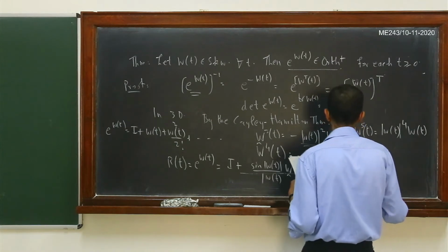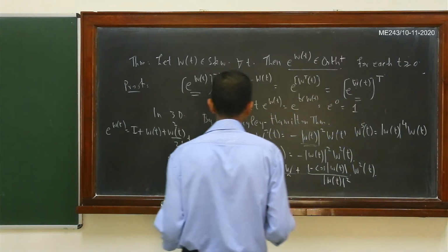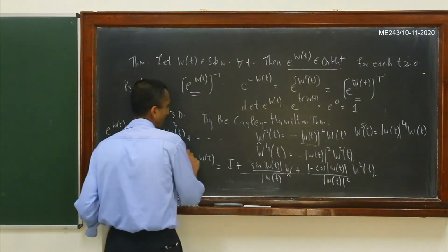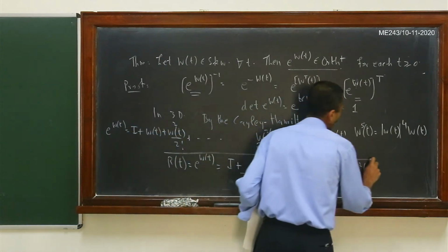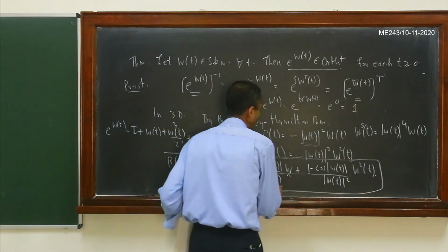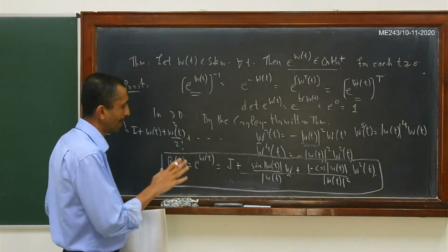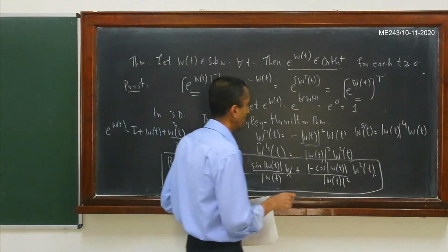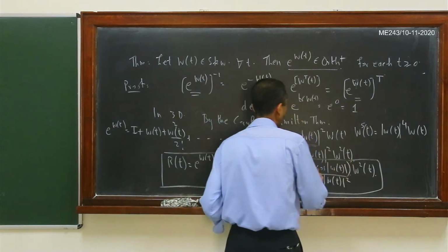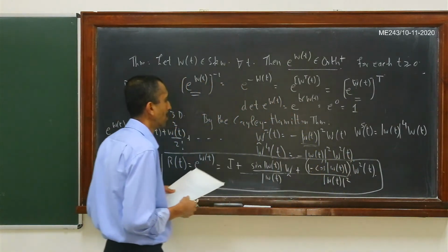So this is a very nice and elegant formula that you get for e to the w of t. So this is valid only, of course, in 3 dimensions. Okay. So you can derive it even in higher dimensions, but for our purposes this is good enough. So here maybe you can put on brackets here, 1 minus cos of w of t.